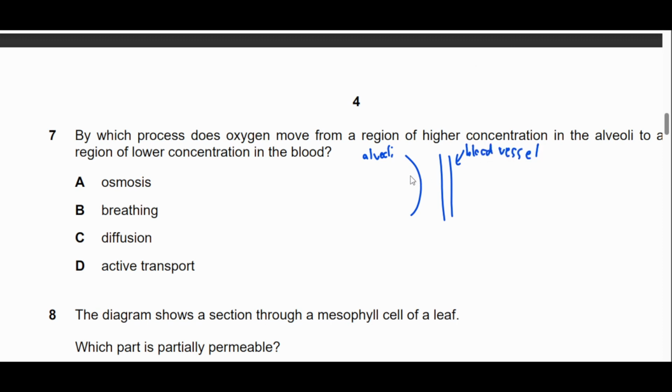So when oxygen moves from the alveoli into the blood vessel, this process is known as diffusion because it's not breathing, because breathing is inhaling and exhaling air. Active transport is incorrect because it's from a region of higher concentration to a region of lower concentration, down a concentration gradient. It's not osmosis because it's not water, right? Okay, therefore the answer is C.